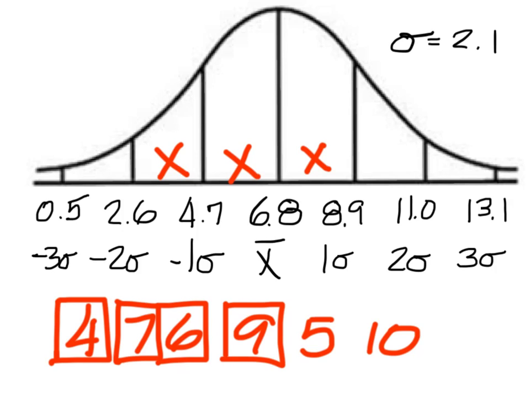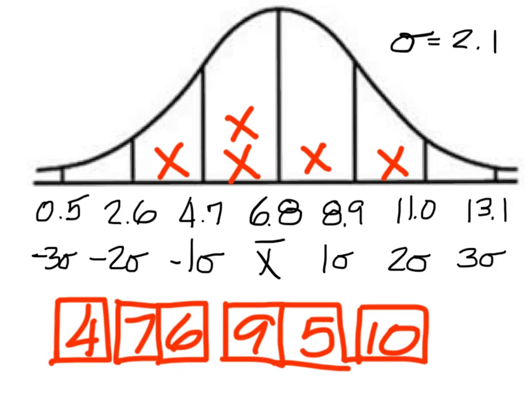The 9 falls between 8.9 and 11.0. And the 5 falls between 4.7 and 6.8. The 10 is between 8.9 and 11.0.